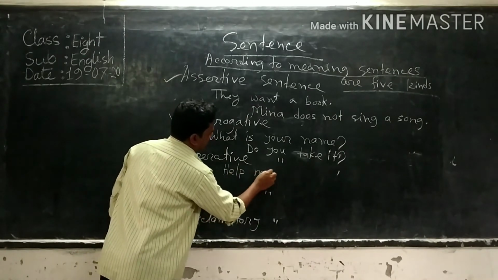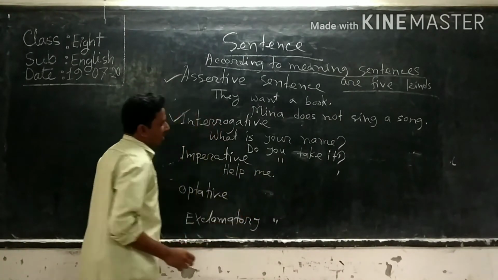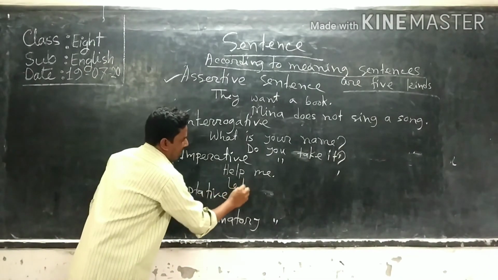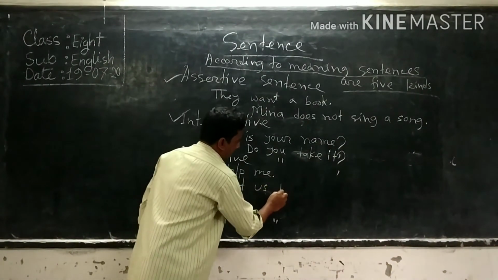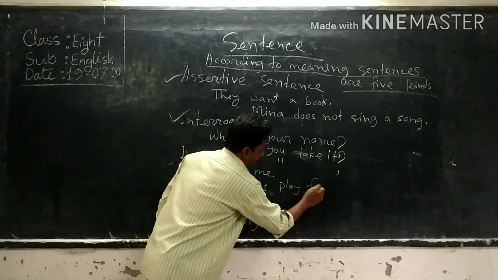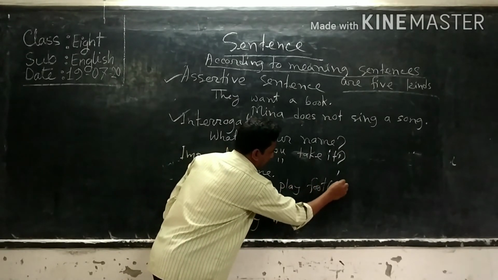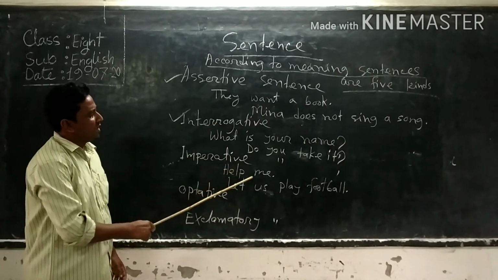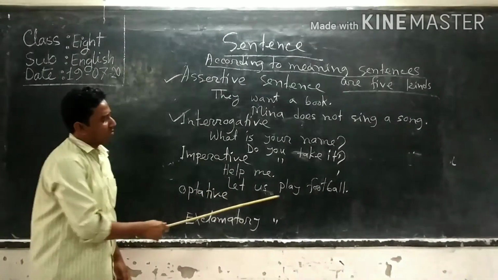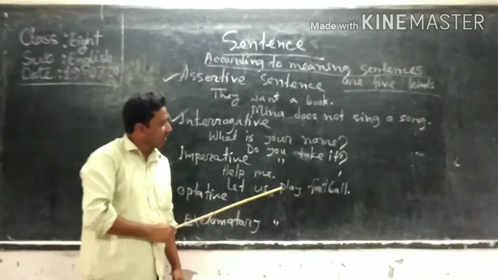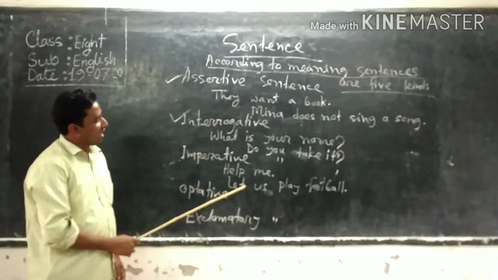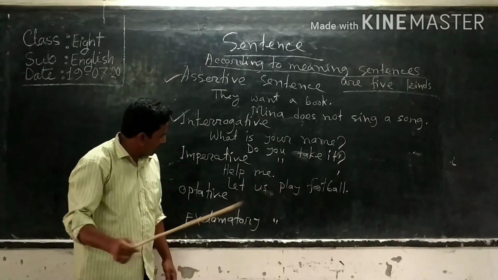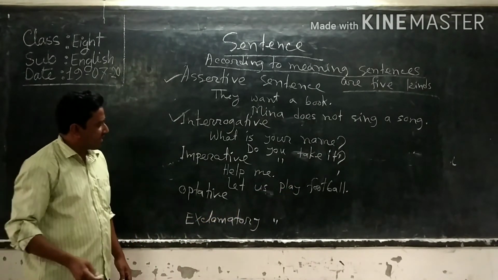Imperative sentence. Help me, order or request. Let us play football, proposal. Here we see a proposal. Optative sentence.